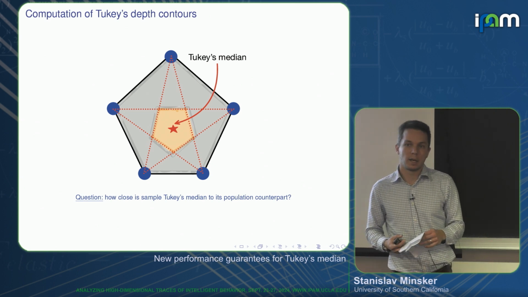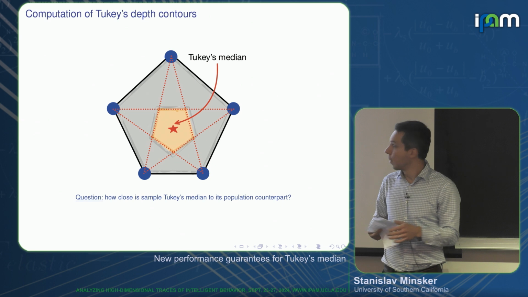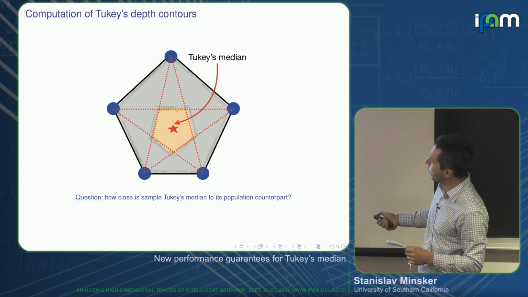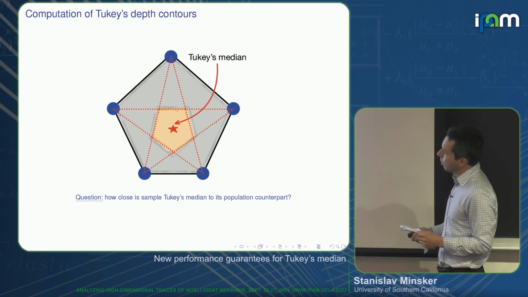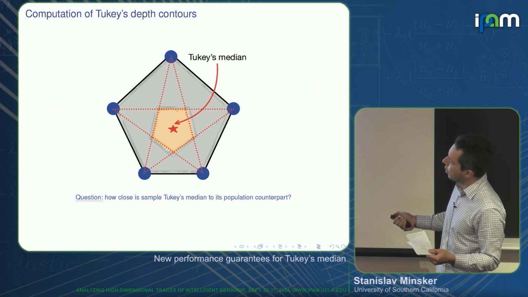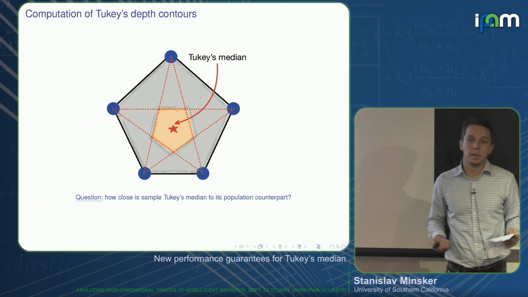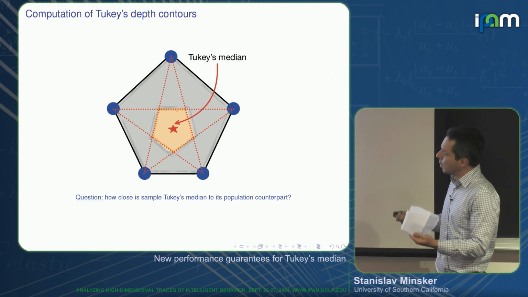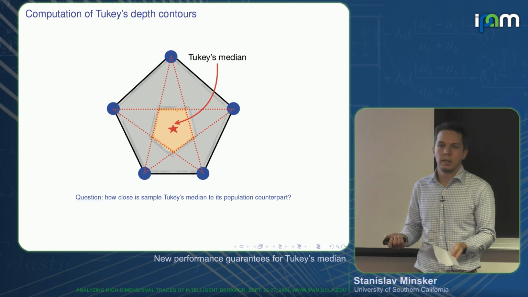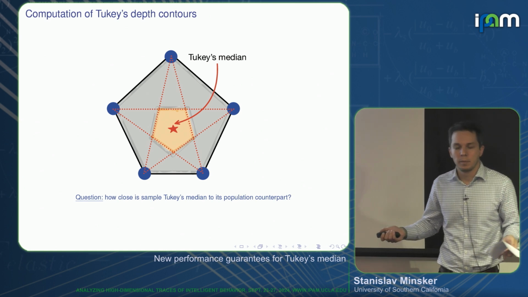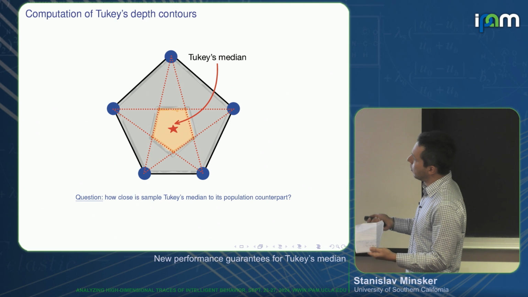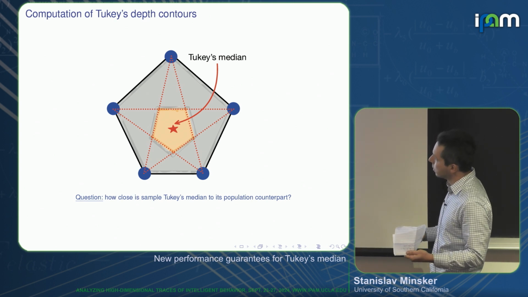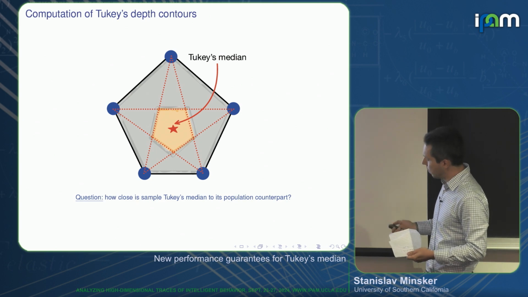This population can have its center. If I now compute this Tukey's median based on a subsample of the population, how close is it going to be to that population center? This problem is at the core of many more complex estimation problems and algorithms. So the ability to estimate the mean or the center of the population, depending on the context.